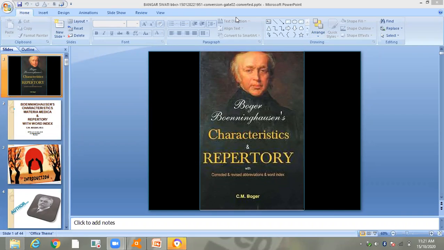How many subsections or chapters are there in this repertory?